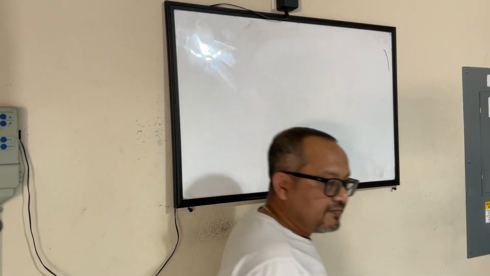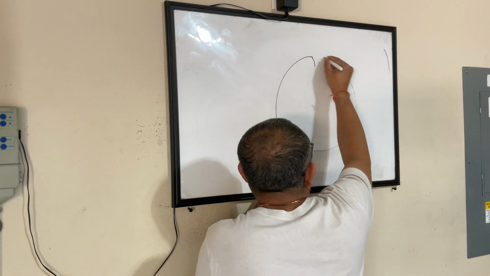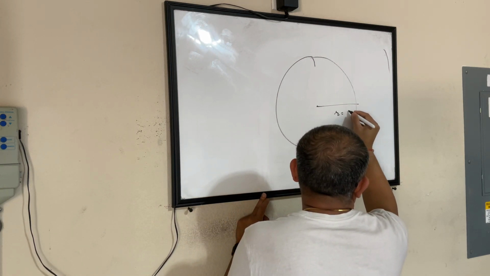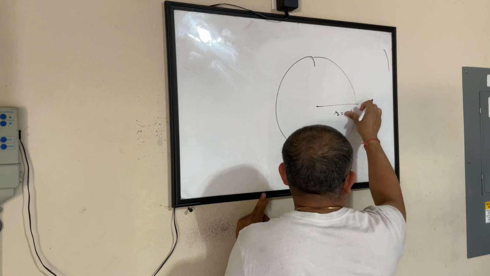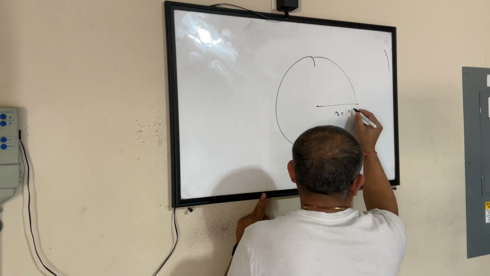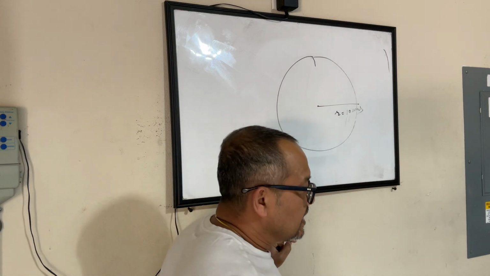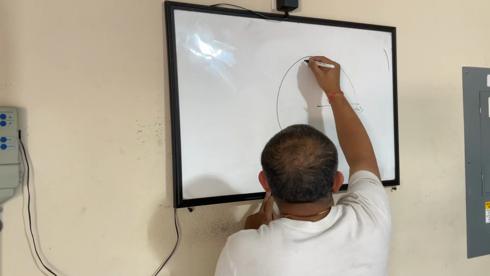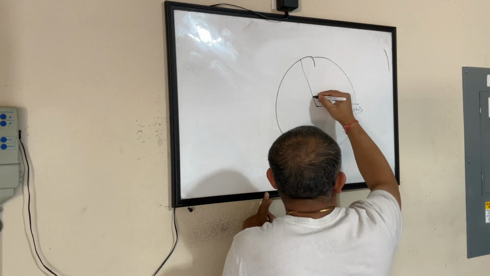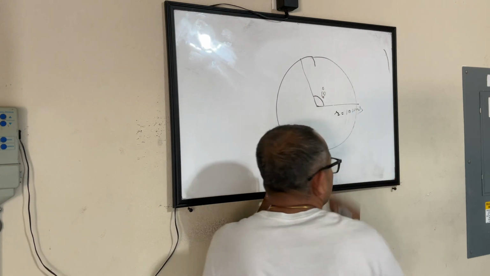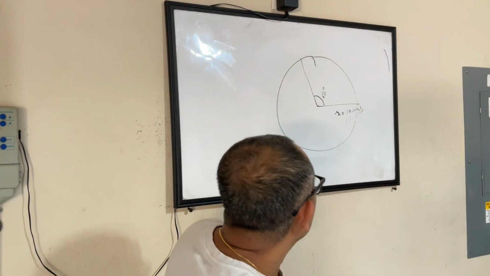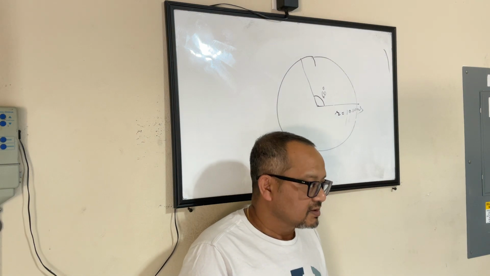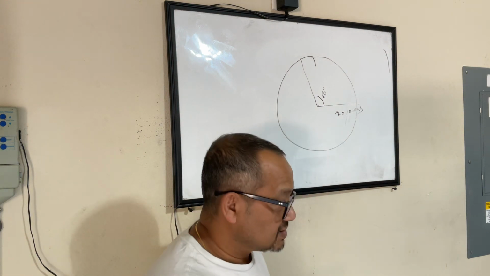If I have a circle, let's say with a radius of 10 centimeters, and two radiuses making 60 degrees at the center, can somebody quickly find out the length of the arc and the area of the sector of this circle?